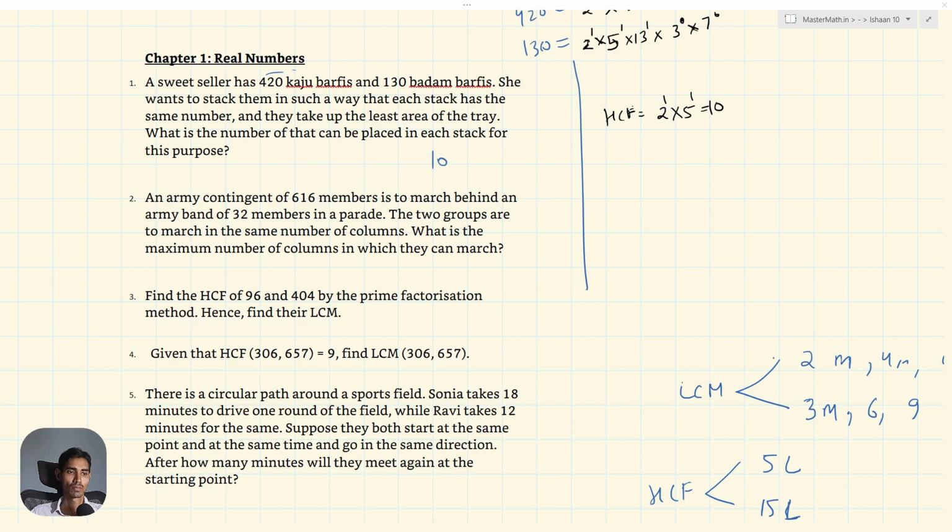Since the number of columns will be less than the number of members, it is HCF. Again HCF. Okay.